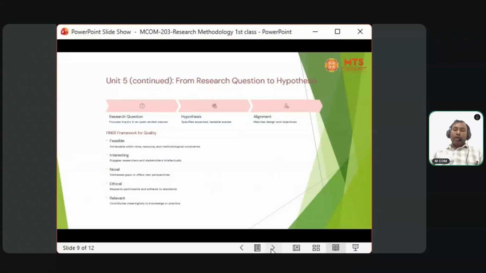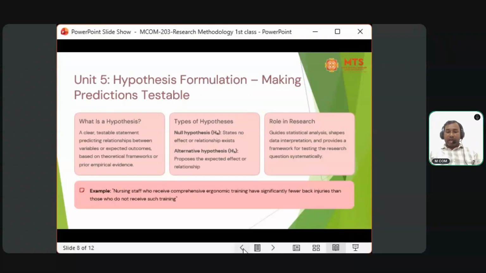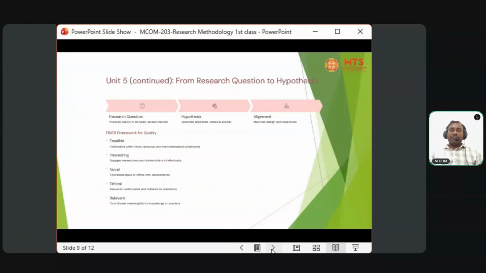So some characteristics of a good hypothesis: clear and precise, testable, verifiable, specific, related to available data, based on theory or previous research. Steps to formulating a hypothesis, or from research question to hypothesis.